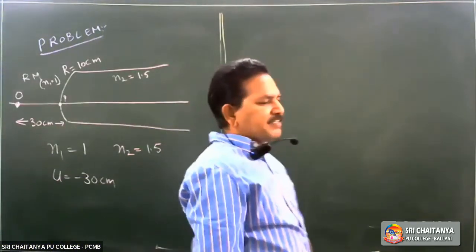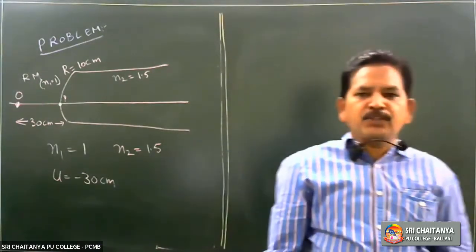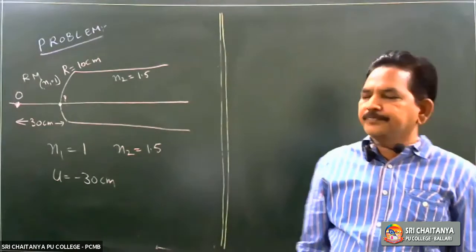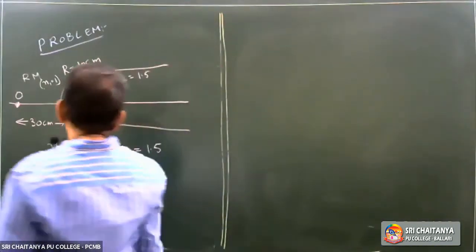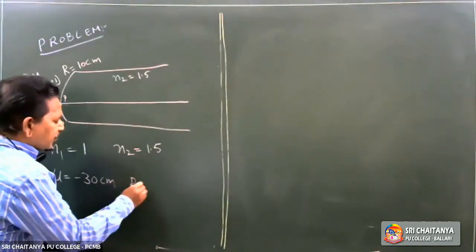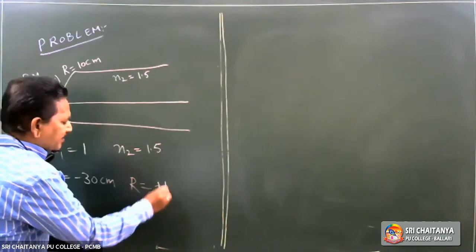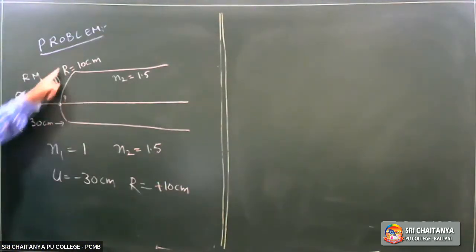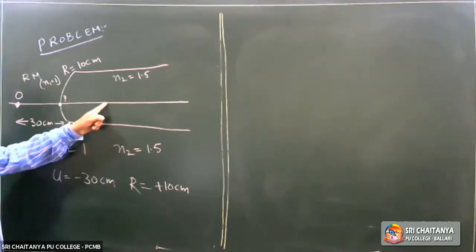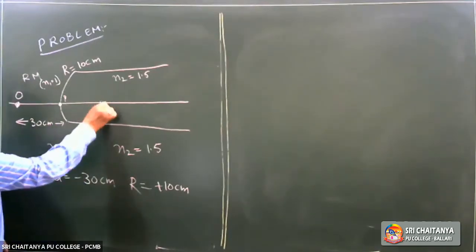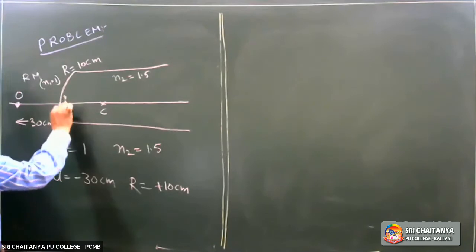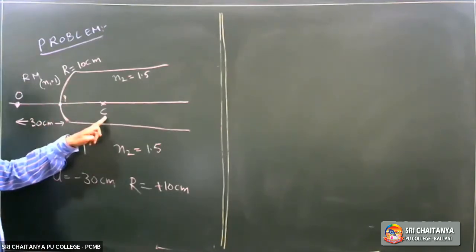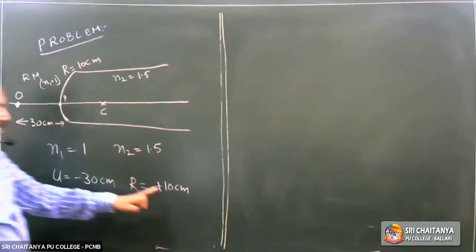If distances are taken opposite to the direction of the light ray, they are negative. R value is positive, plus 10 centimeters, as per sign convention, because the center will be here. For this curved part, P to C, the radius of curvature, is positive.